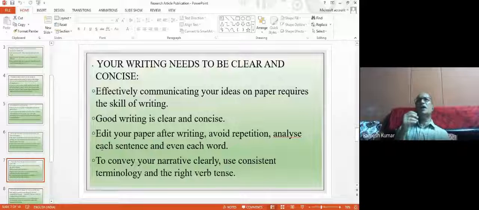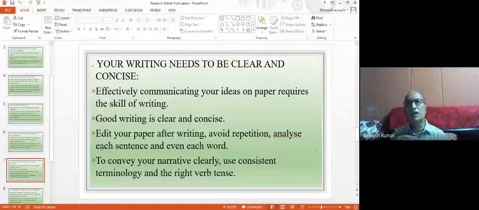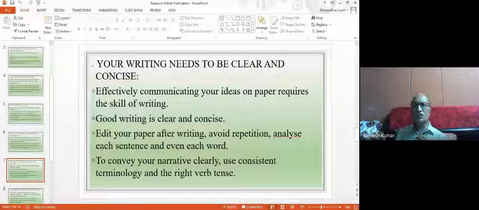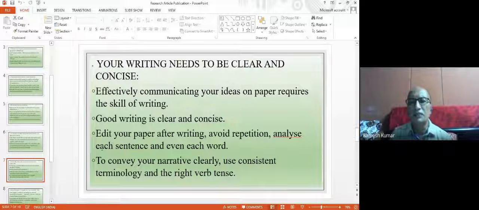So that's where your concise paper comes. A very clear and concise paper comes in when you remove the repetition and analyze each and every sentence, and each and every word also, so that you question yourself whether whatever you are trying to represent is clear or not. Then convey your narrative clearly.